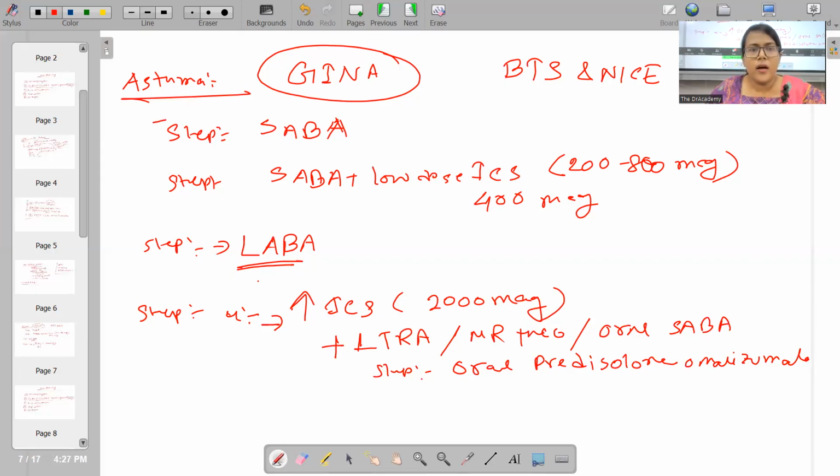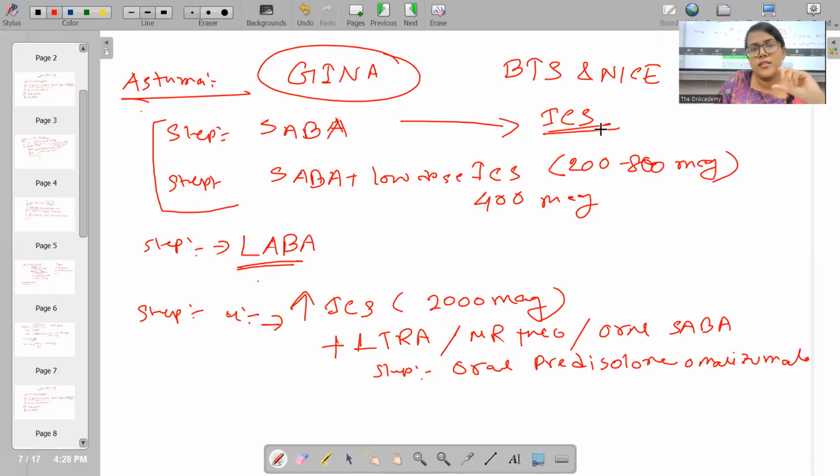All right, so in case of step 1 and step 2, the newest and latest guideline is saying that instead of starting SABA in step 1, you should consider inhaled corticosteroid, okay? So this is actually the latest guideline: from step 1, inhaled corticosteroid in the lowest dose possible.